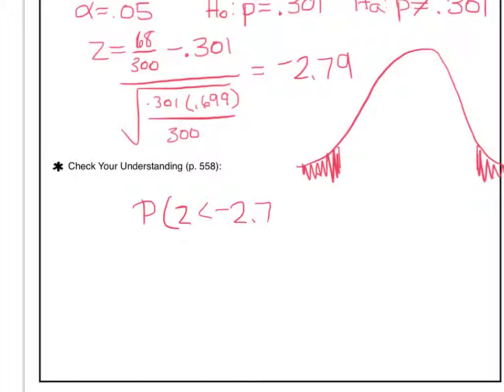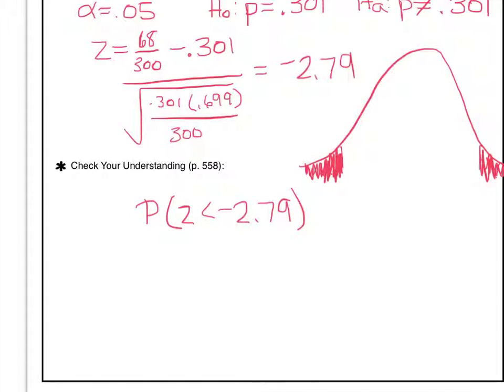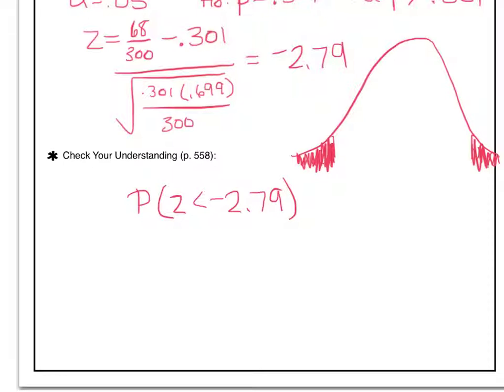But I know that because my normal curve, my sampling distribution, is symmetric and unimodal, because it's normal, these right here are the same areas. So it's going to be the same area if I say less than negative 2.79 as if I say greater than 2.79. So what I need to do here to find all of the area is multiply this by 2.